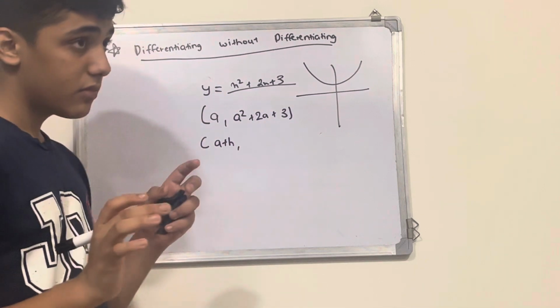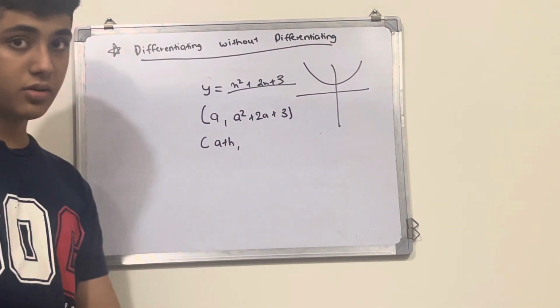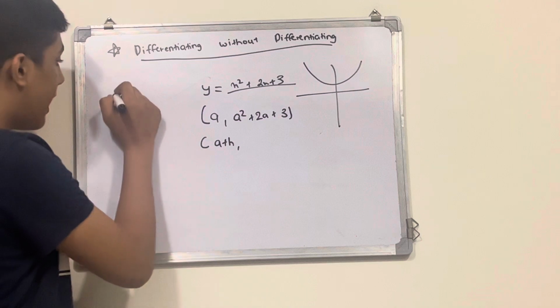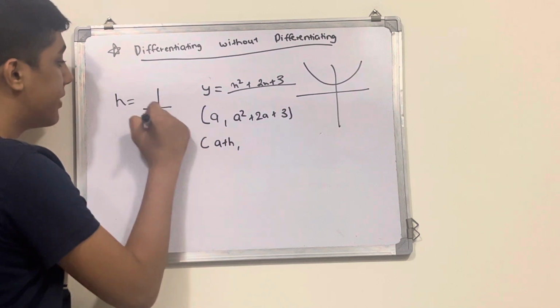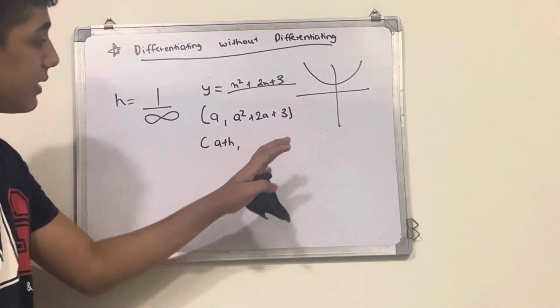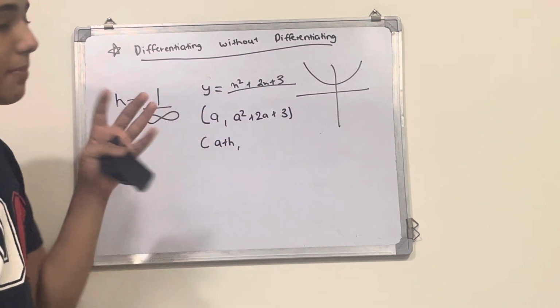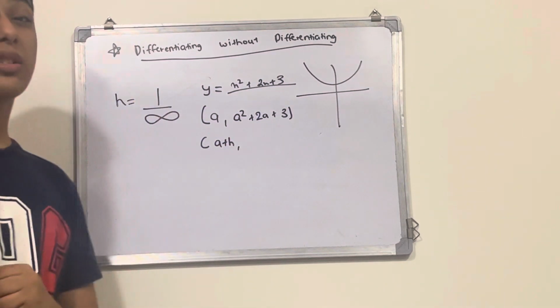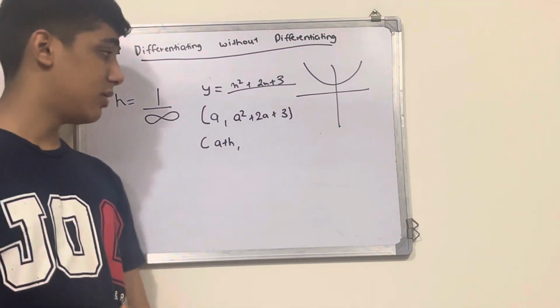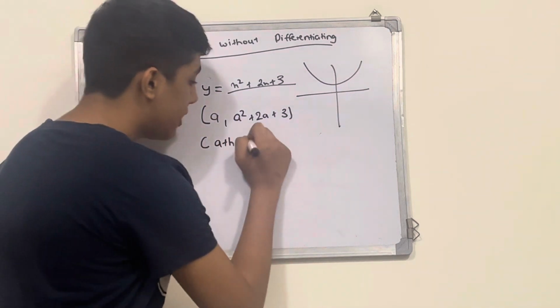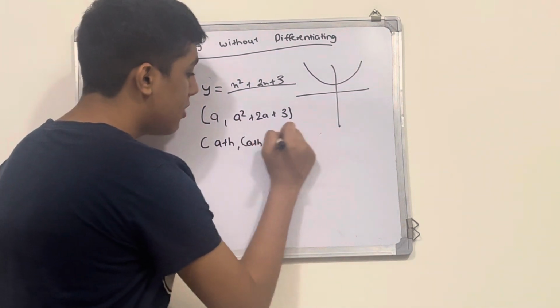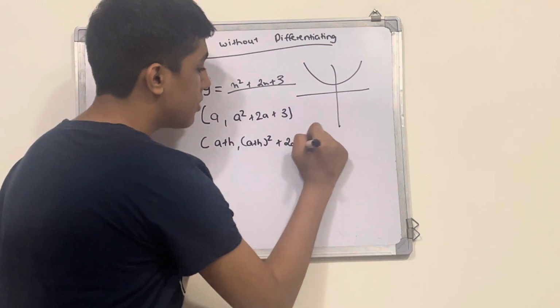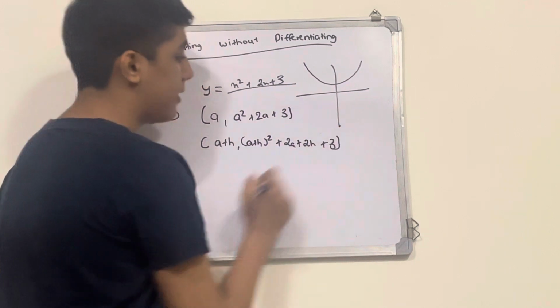Now you're going to say, what is h? I'm saying h is 1 over infinity, because I want the length of the segment to be 1 over infinity. I want it to be infinitely small. So this will be a plus h, whole squared plus 2a plus 2h plus 3.